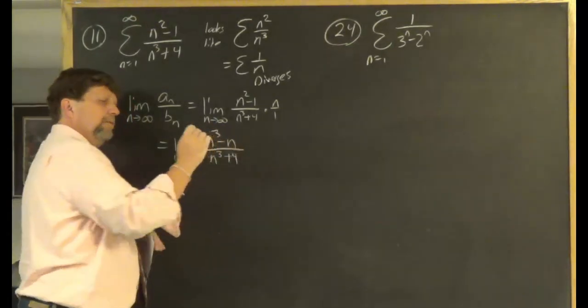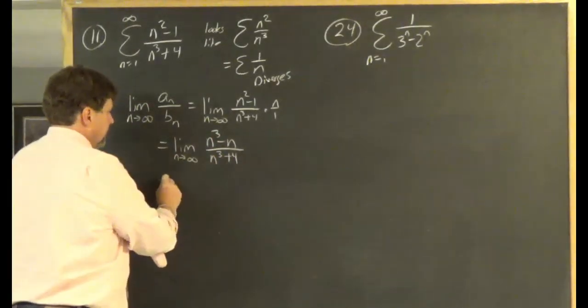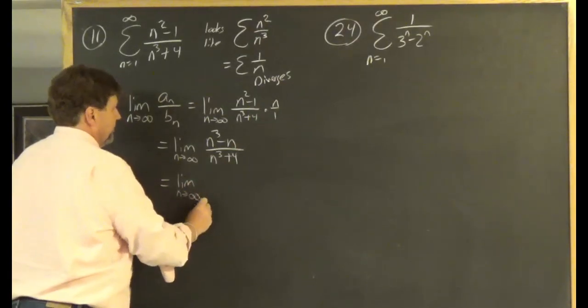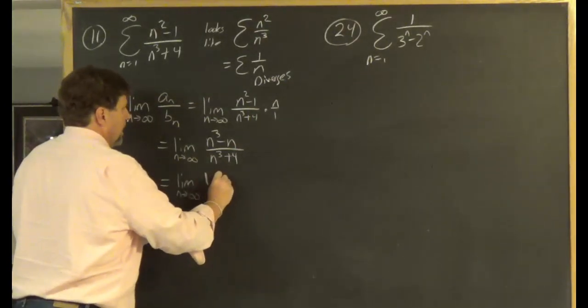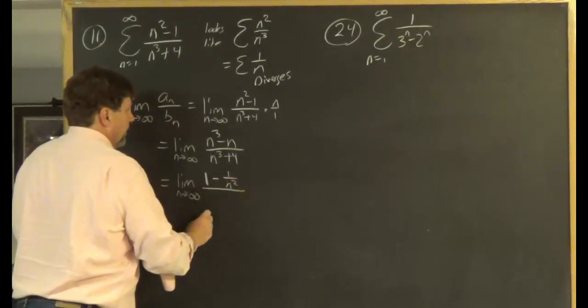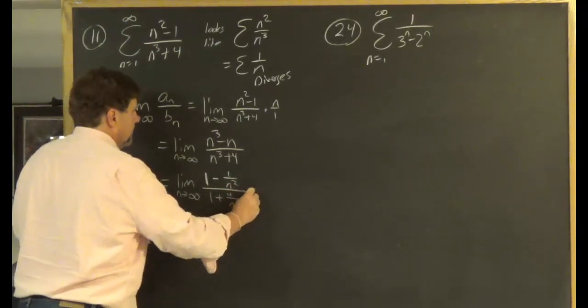Divide everything in the numerator and everything in the denominator by n cubed. So we have the limit as n goes to infinity of 1 minus 1 over n squared, all that over 1 plus 4 over n cubed.